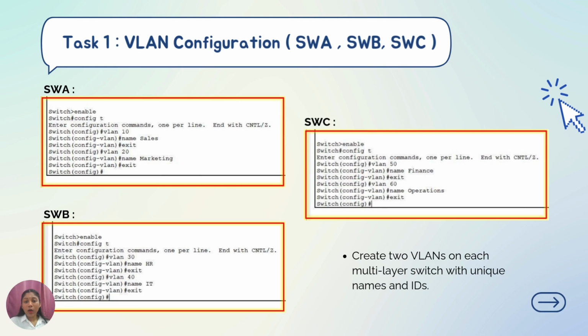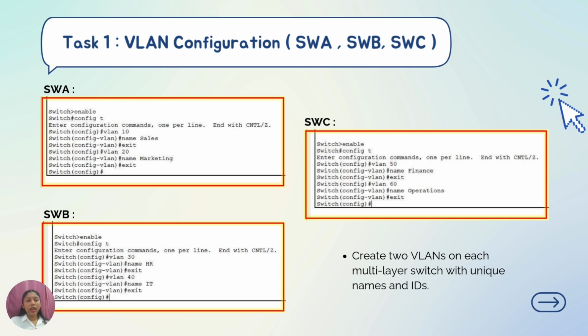Task 1, VLAN configuration, SWA, SWB and SWC. This image displays the VLAN configuration for 3 multi-layer switches, which are SWA, SWB and SWC in a network setup. Each switch is configured with two unique VLANs, each assigned a distinct VLAN ID and named to logically separate network traffic.